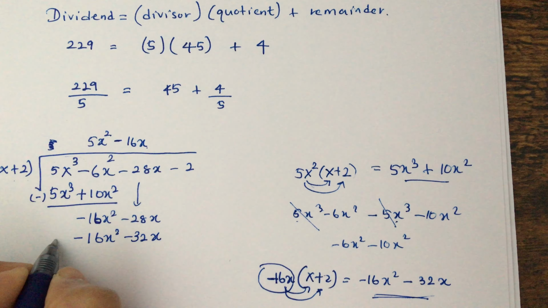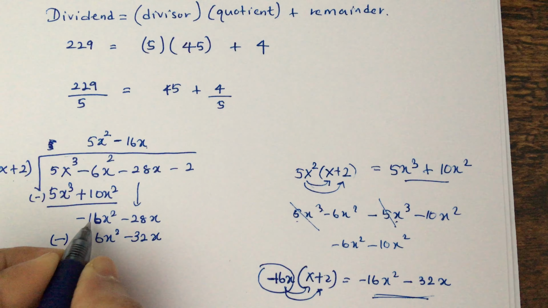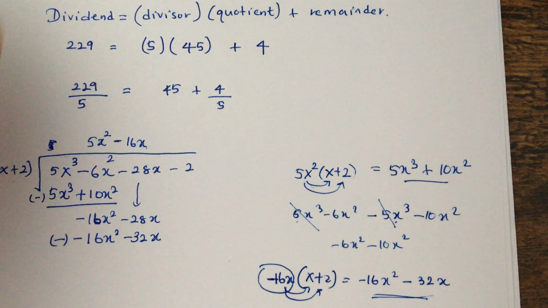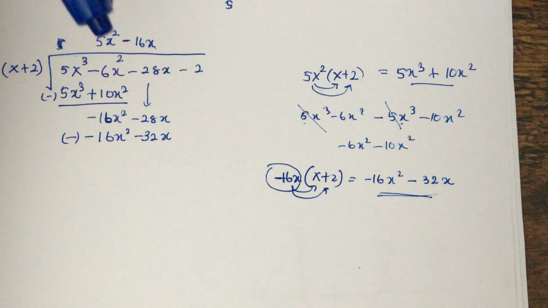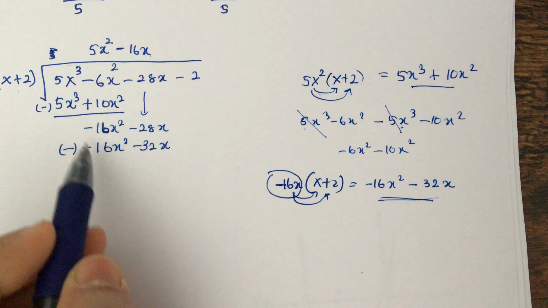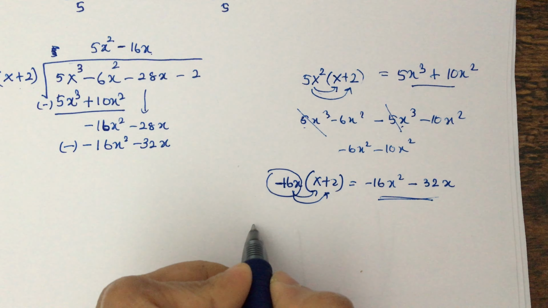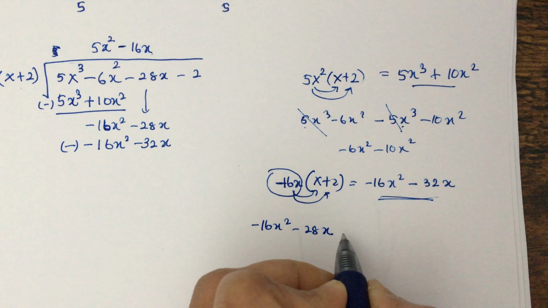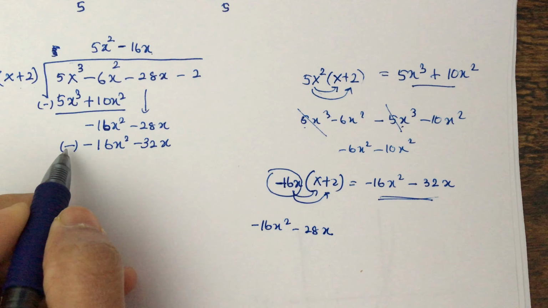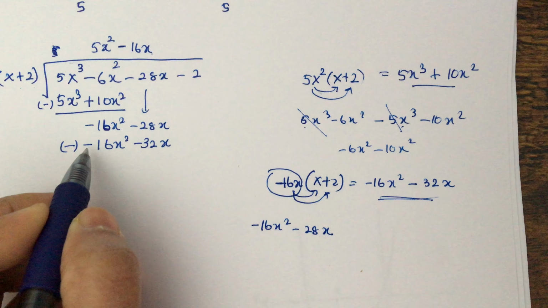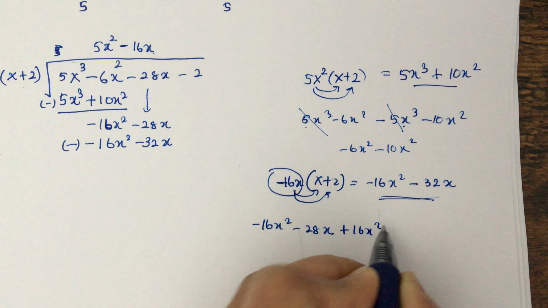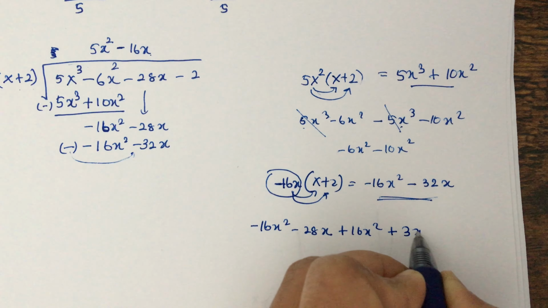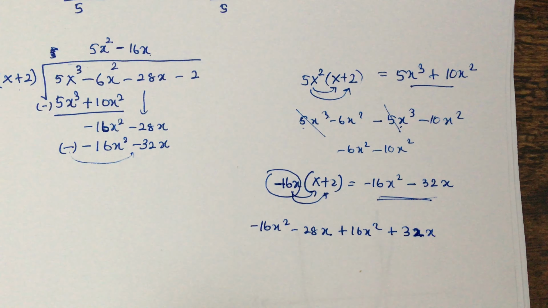Now again you are going to do the subtraction here. You have this one, subtract this term from this. Negative 16x squared, negative 28x. So subtract this one. So negative gives you positive 16x squared, and negative gives you positive 32x, right?